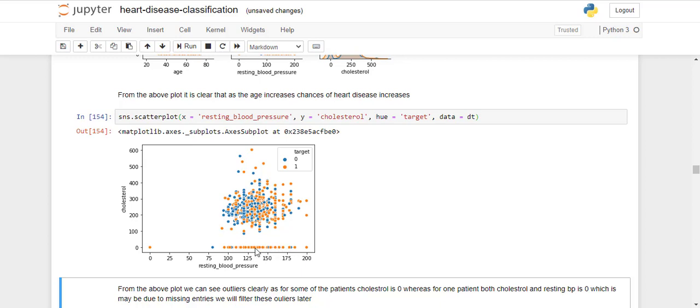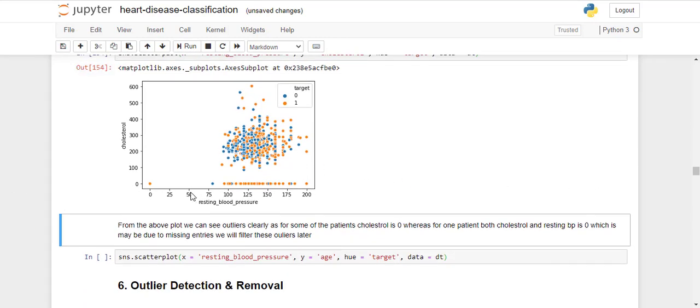We can see clearly the outliers for some of the patients, and for this particular patient the cholesterol is zero and even resting blood pressure is also zero. So scatter plot is also one of the ways to observe outliers, which is truly observed here and here. Okay, these are the instances. So that's why it is always better to plot using a scatter plot or box plot to look for outliers.